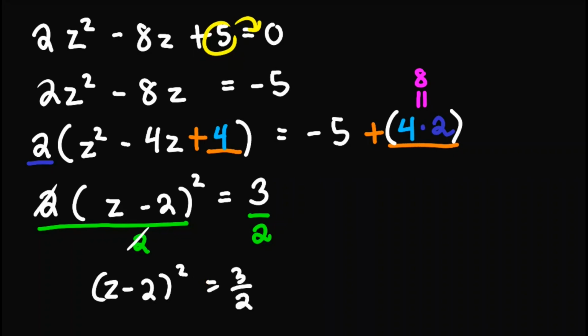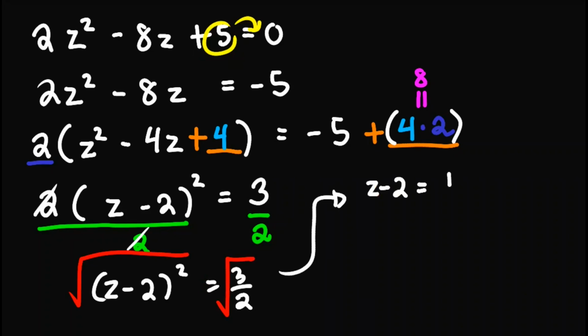We now get the square root of both sides. To obtain, on the left side, z minus 2, and on the right side, plus or minus the square root of 3 over 2. Let's simplify the square root of 3 over 2.